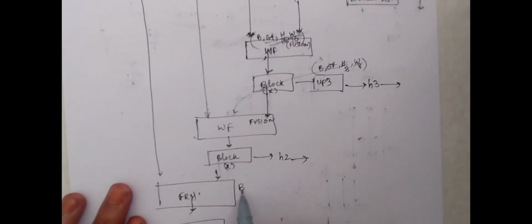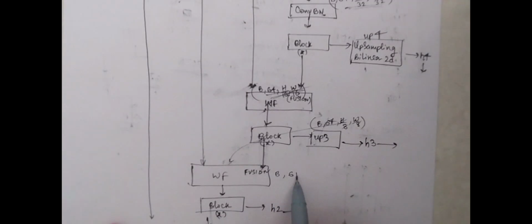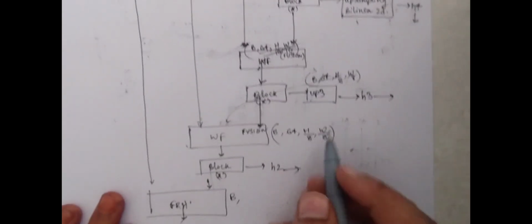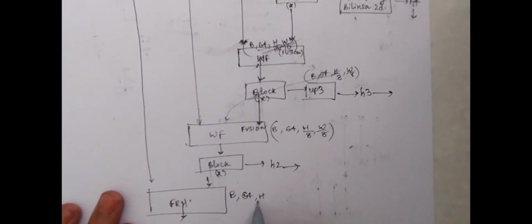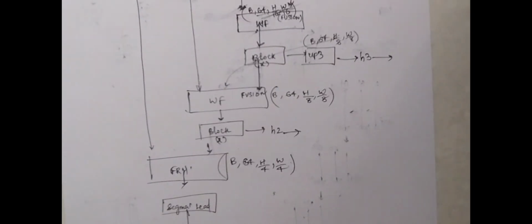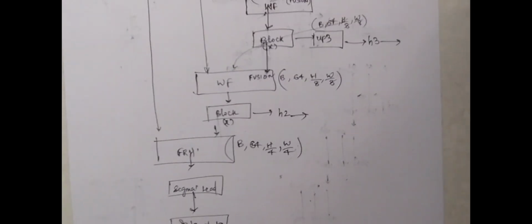This one's dimension being B, 64 number of channels, and the spatial dimensions reduced by 8. This one being 64, H by 4, W by 4. And then we interpolate as we have discussed. This is the X we got finally.